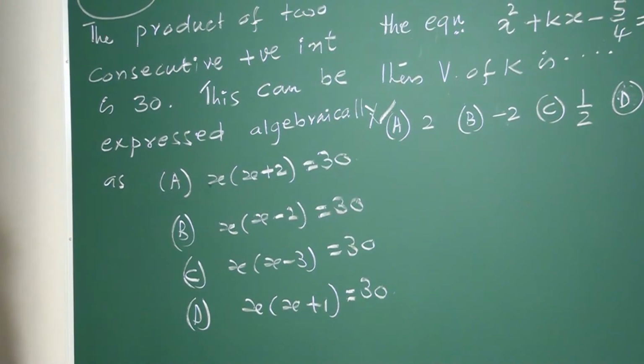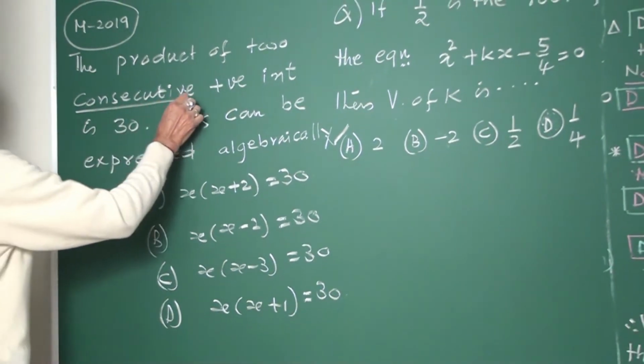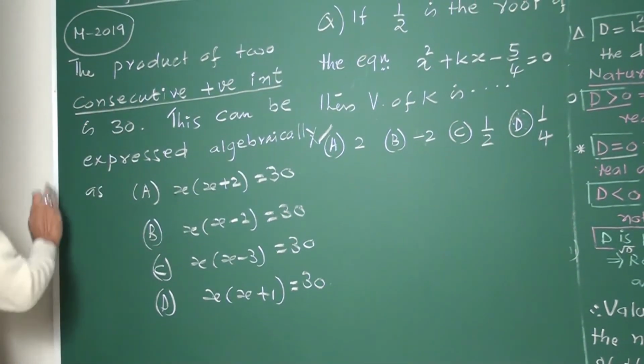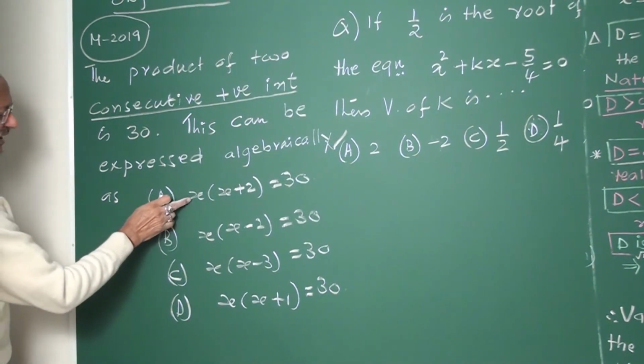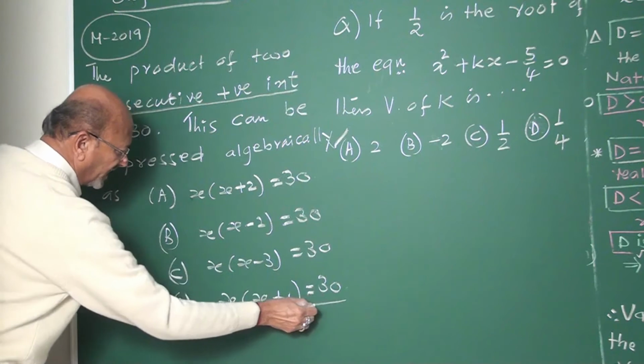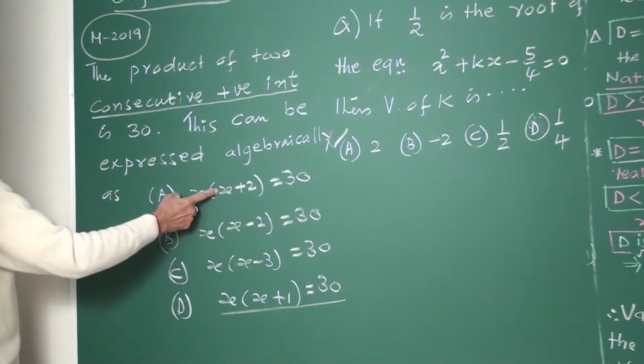Through this example, my friends, the examiner wanted to know what you mean by consecutive positive integers. The word consecutive. What is consecutive? One after the other. If x, what is the next one? x plus 1. Then this is your answer. This is not consecutive, this is not consecutive, this is not consecutive.